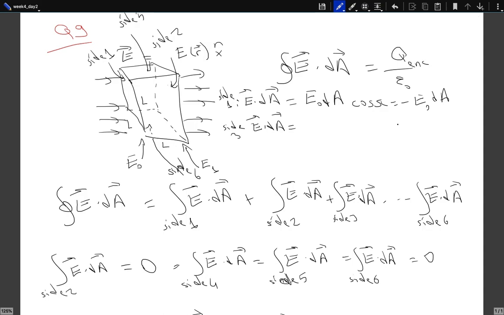Electric field vector is in that direction. So their scalar product is the product of the magnitudes. Well, the magnitude of the electric field is given by E1 times the magnitude of the area vector, dA. Cosine of the angle between the two is 0. So this is just E1 times dA.